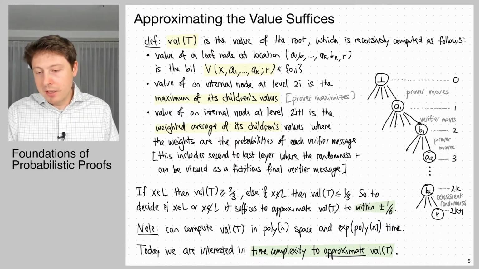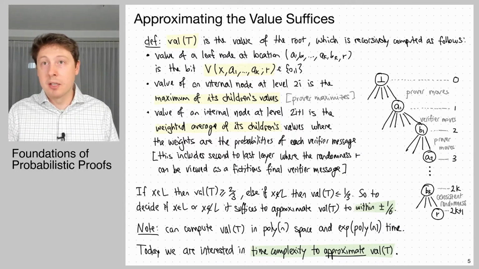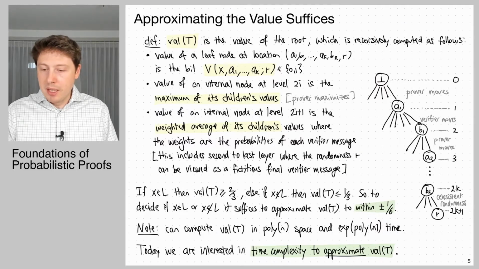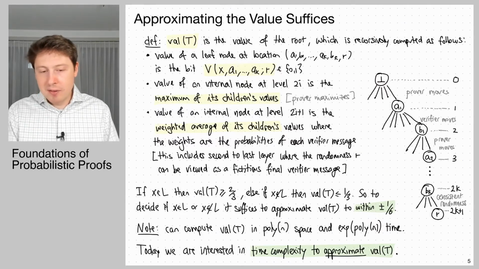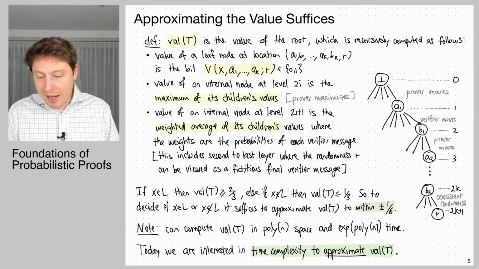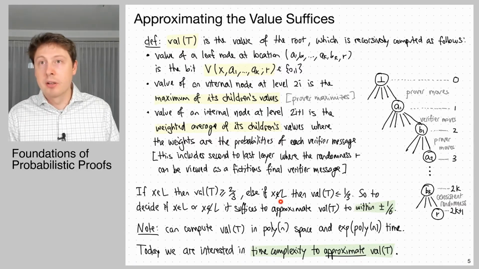And intuitively, if you restrict communication, this tree is going to become smaller and smaller, right? And this tree defines the value, and the value is the key to deciding the language, right?